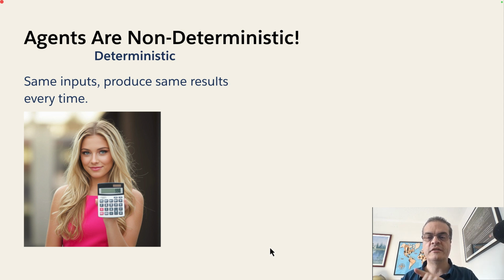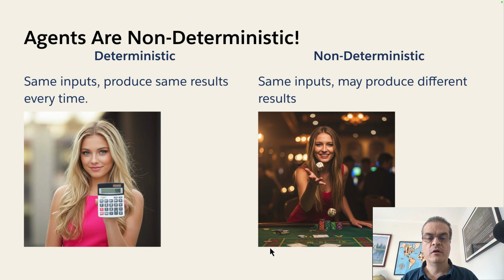That is not the case with non-deterministic, where the same inputs may produce different results. Think about a dice. You throw a dice, and the dice will fall on the table and show a different number. It's a random number. It's always going to be random.